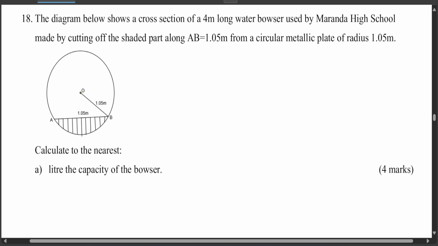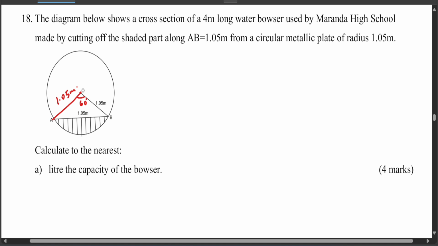Now if you see, from O to A is a radius, so therefore this is an equilateral triangle. Since all the sides are equal, the angle at O will be 60 degrees, because in an equilateral triangle each angle is 60 degrees.